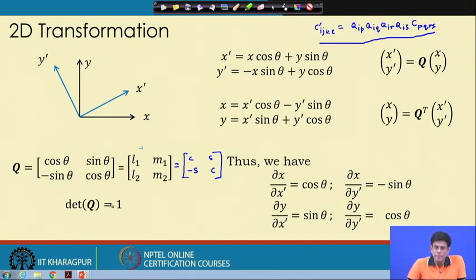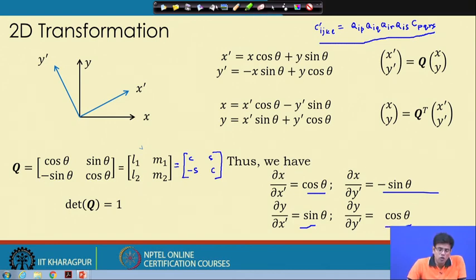So this is a rotation matrix, and we know the properties of the rotation matrix. Now if we take the partial derivative with respect to the axis, del x by del x prime is essentially cos theta, minus sin theta and cos theta. This we will use.